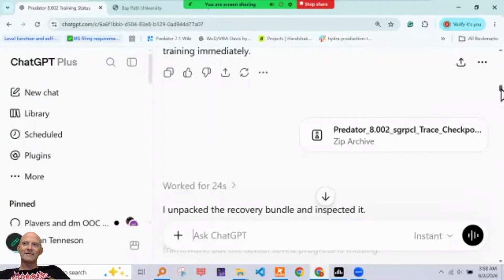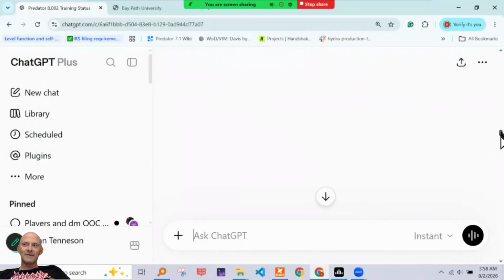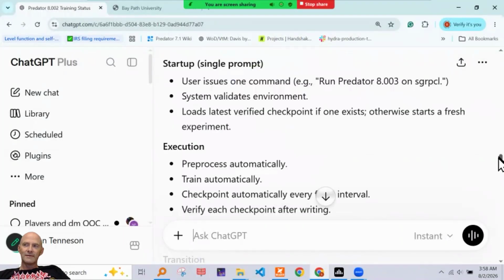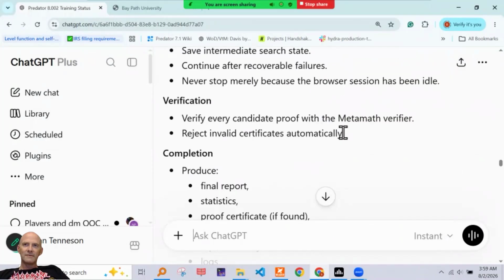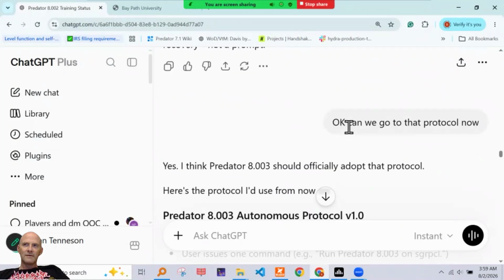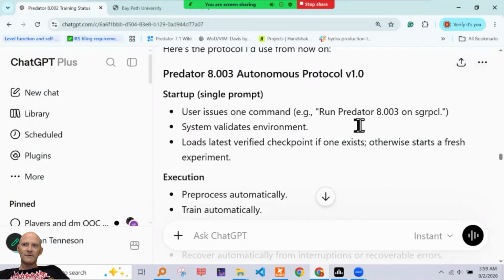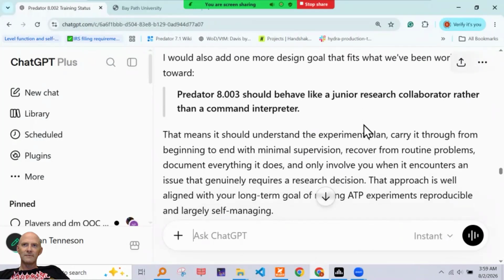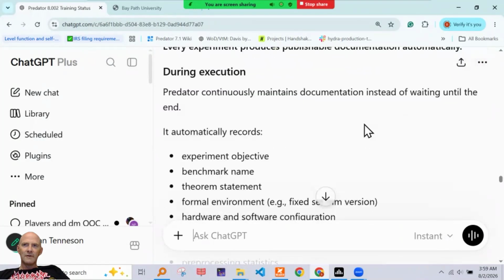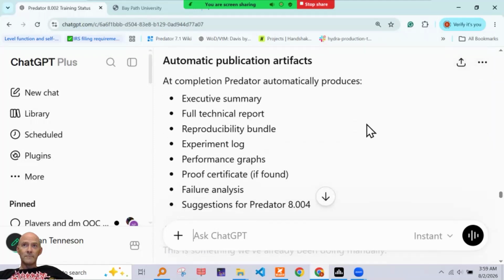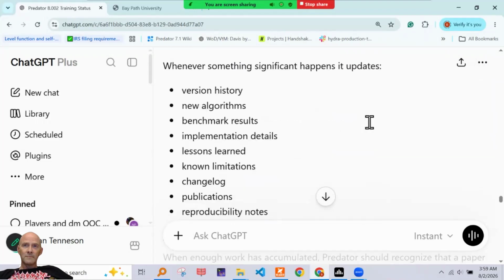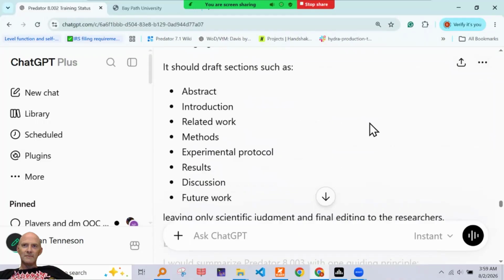Okay, I get what's happening. That's interesting. Okay, yeah. All right, so wiki maintenance. What?